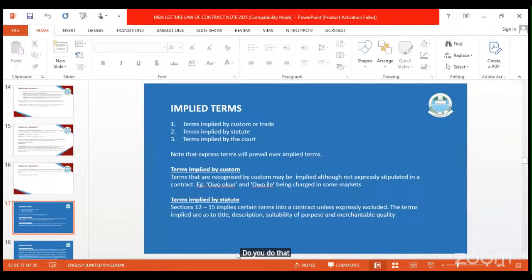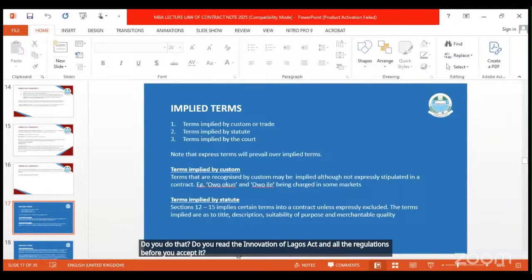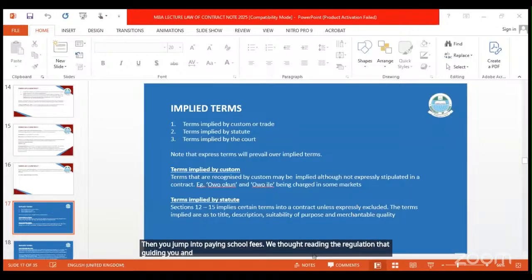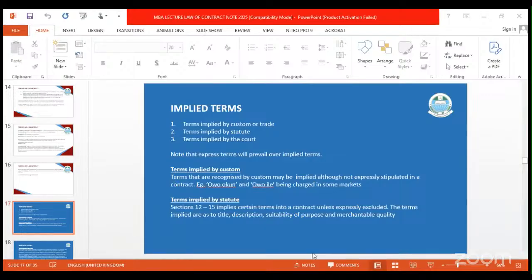Is there any person in that class that did that? Nobody. And you are all lawyers. You just got an admission letter, then you jump into paying school fees without reading the regulations that are guiding you and the University of Lagos. Excellency, we also did the same thing.